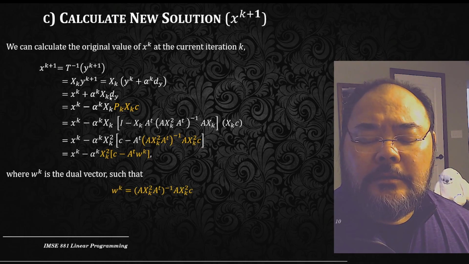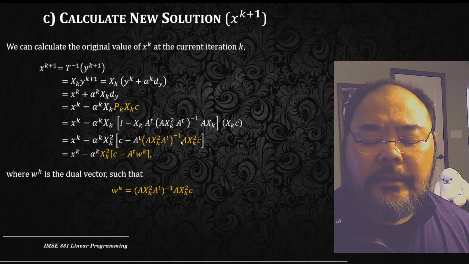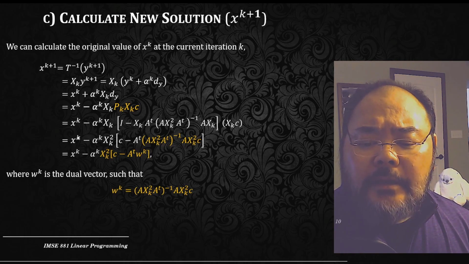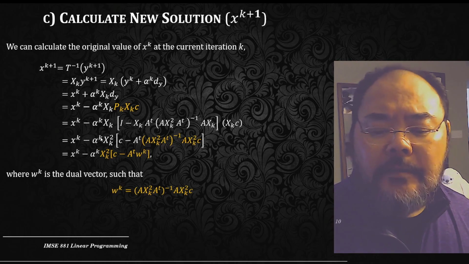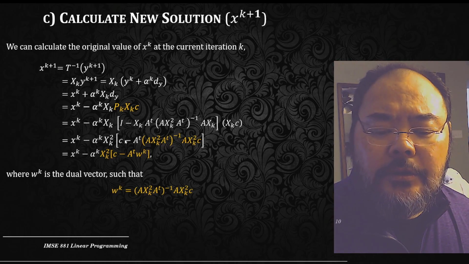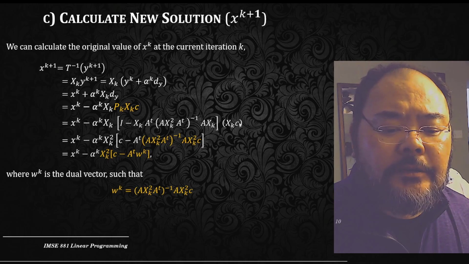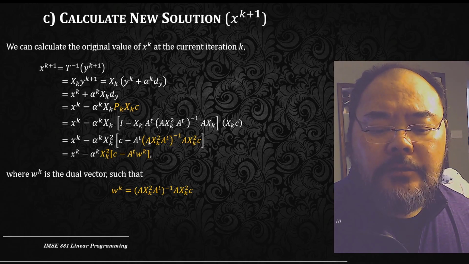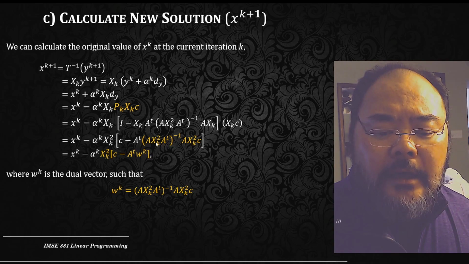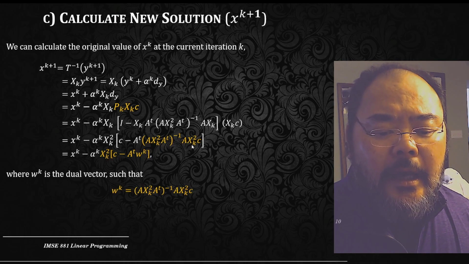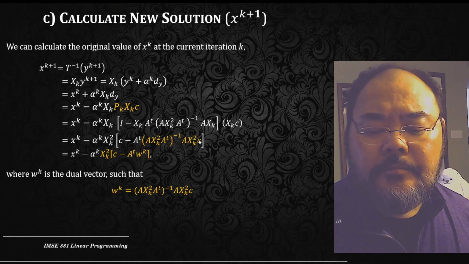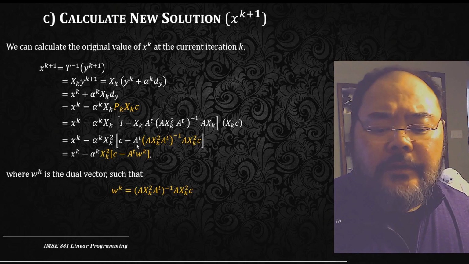Okay, dy is actually calculated with a negative sign, and we can put out the entire P matrix and calculate that way, and xk equals alpha k times capital Xk squared times negative c, actually c is right here, times A transpose times A times capital Xk squared times A transpose inverse times A times Xk squared times c. So this part is fairly simple.